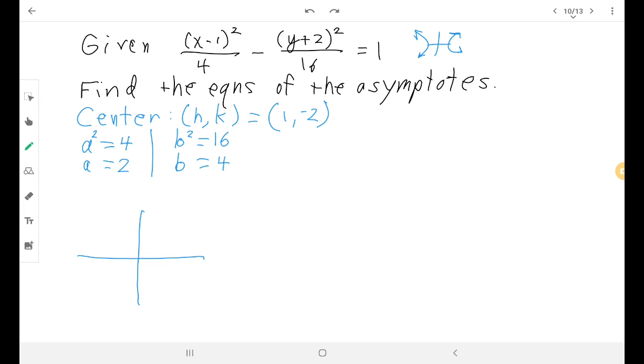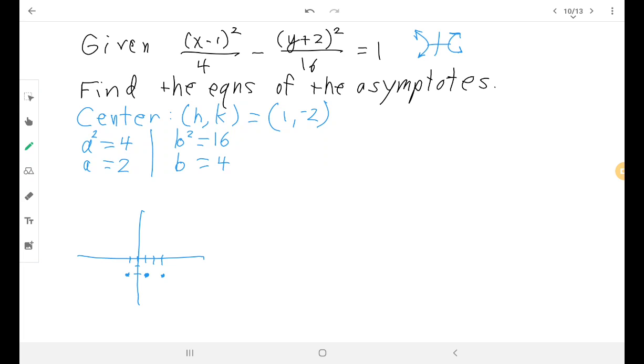So let's mark our center first: (1, -2). From here, my vertex is in the x direction, a distance of 2 in both directions. So there's a vertex, and there's the other vertex.